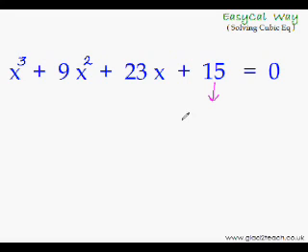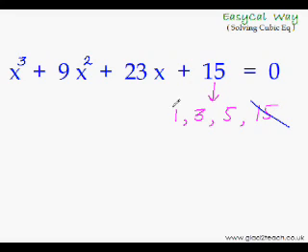Factors of 15 are 1, 3, 5 and 15. Since here we have all the plus signs, therefore we need to select three factors out of these whose sum is 9. So obviously it can't be 15 as 15 itself is greater than 9.